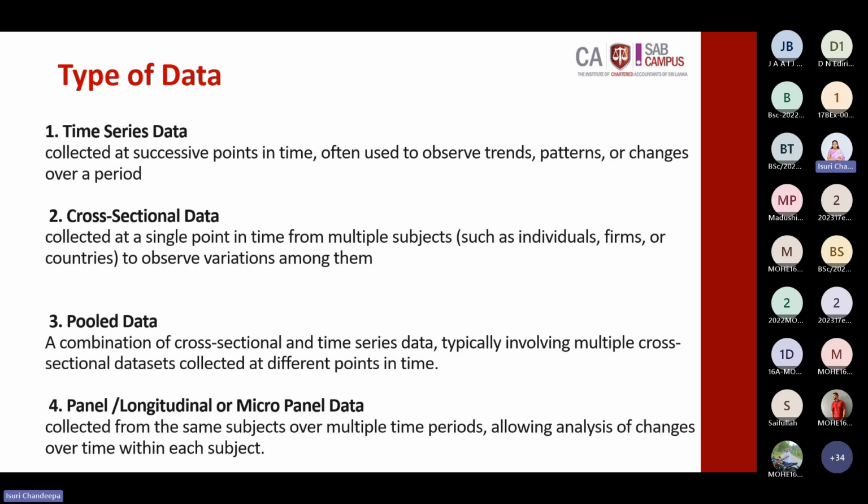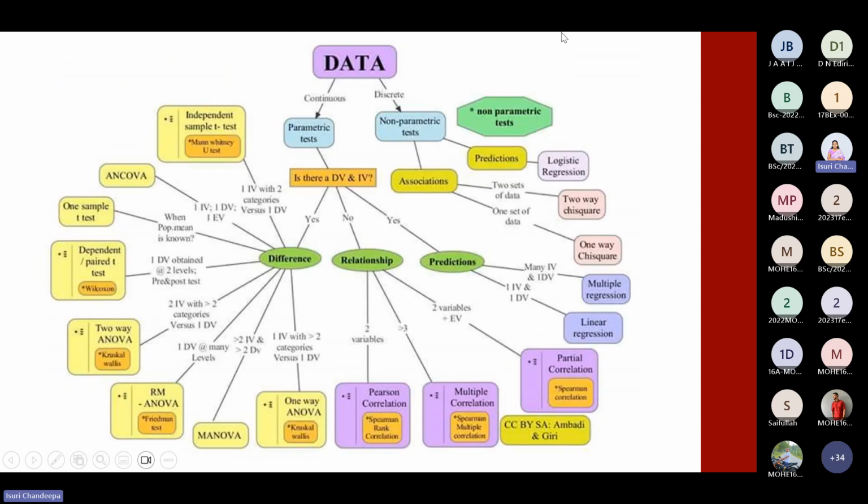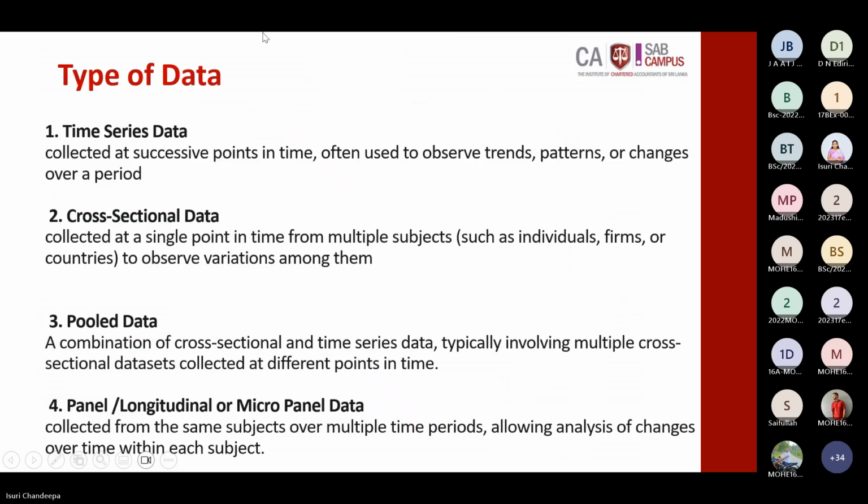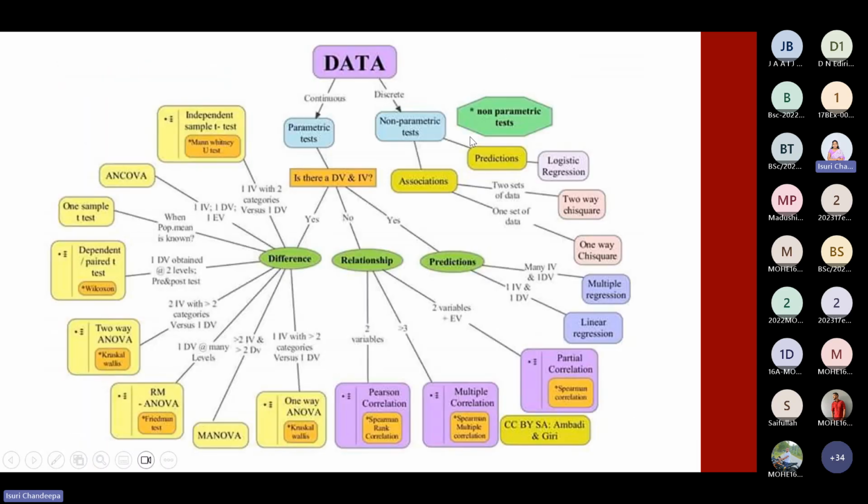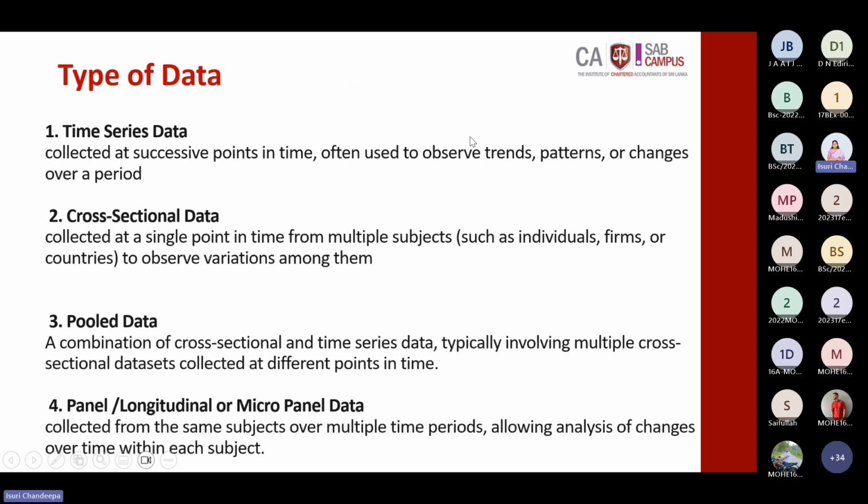A single point in time. And I have collected the data from multiple subjects. There are 51 students. Then I can collect the data from these 51 students to identify their earning capacity. That is cross-sectional.